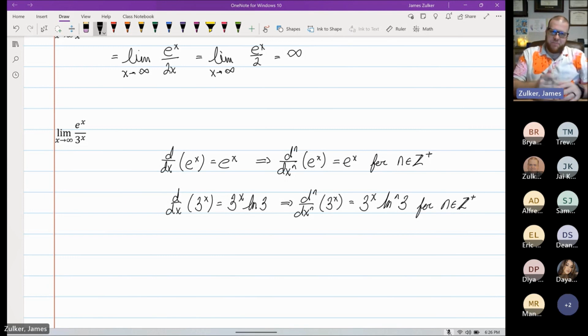Notice that no matter how many times we take the derivative, we will always have an e to the x over 3 to the x, which means we will always get infinity over infinity. L'Hopital's rule does not work here.